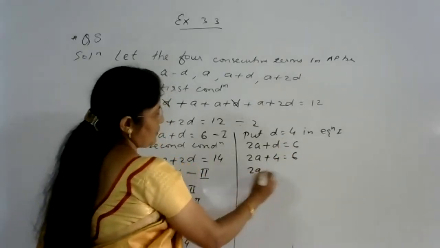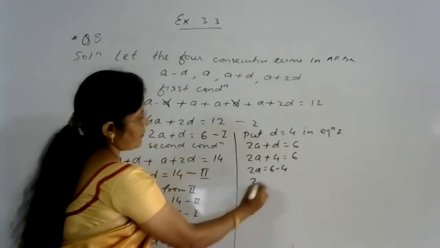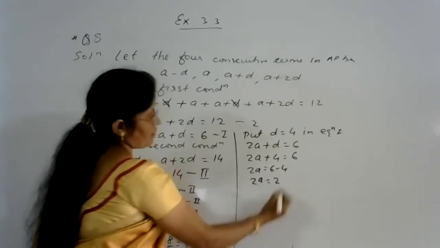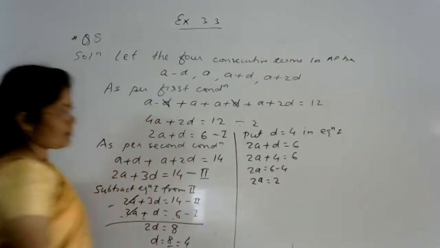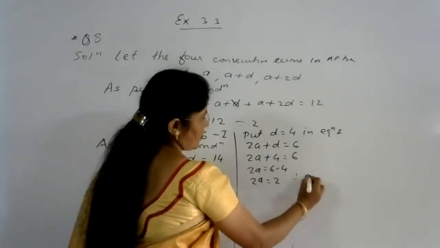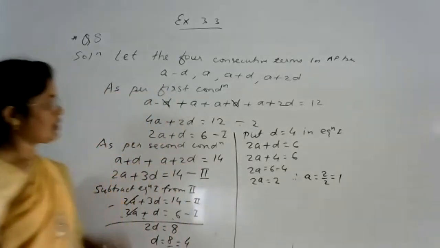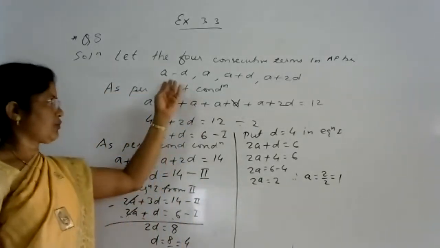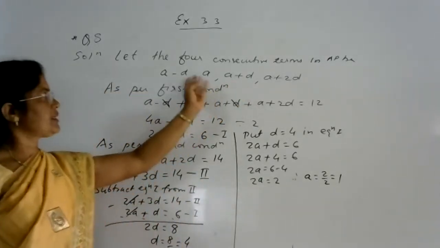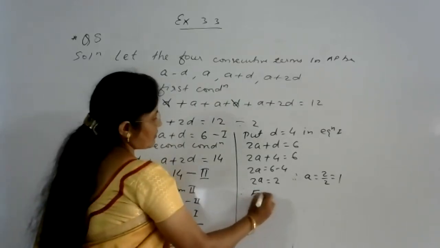Rearrange. Take this 4 that side. 6 minus 4. 2A is equal to 2. Therefore, A is equal to 2 divided by 2, that is 1. Now you got the value of A and D. So you can find easily 4 consecutive terms. Put the value of A and D in these terms. Therefore, 4 consecutive terms are.